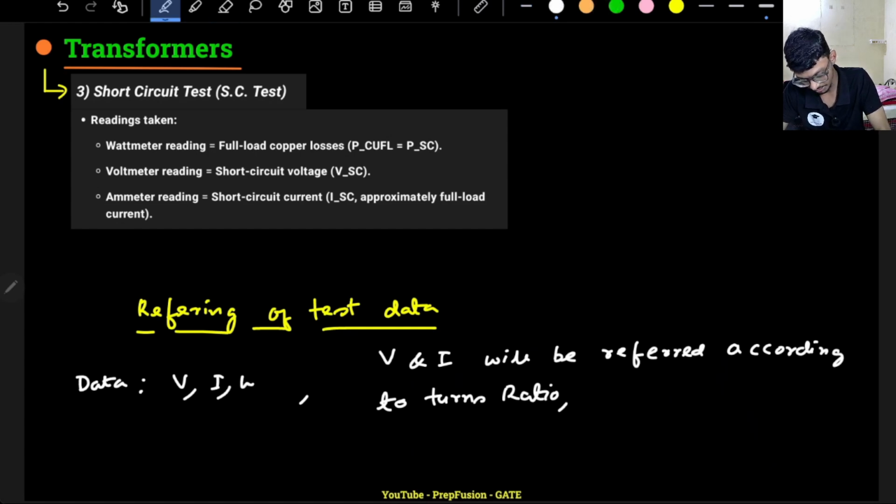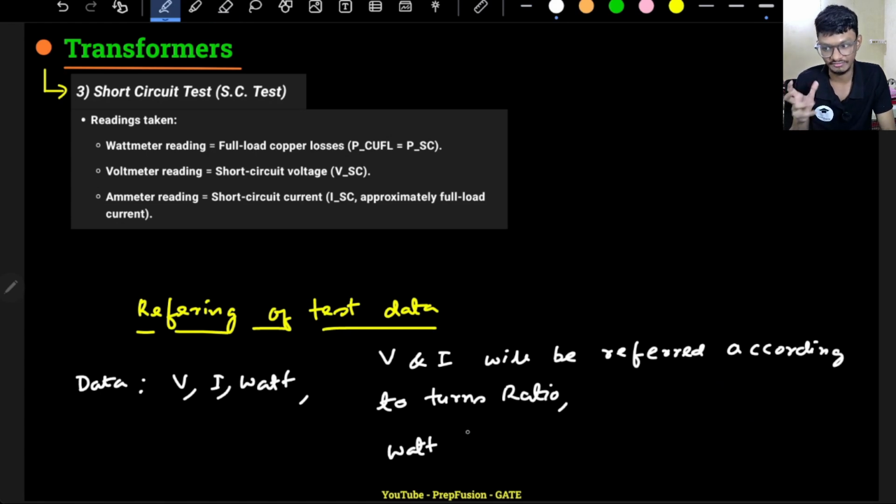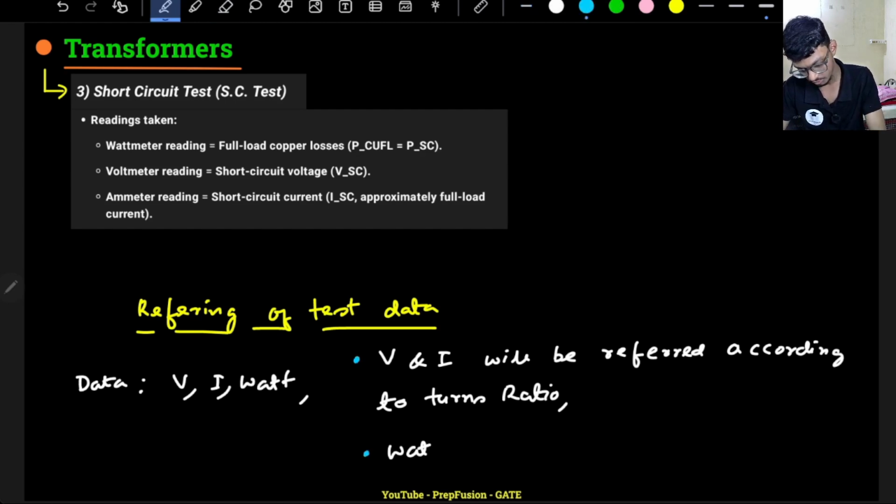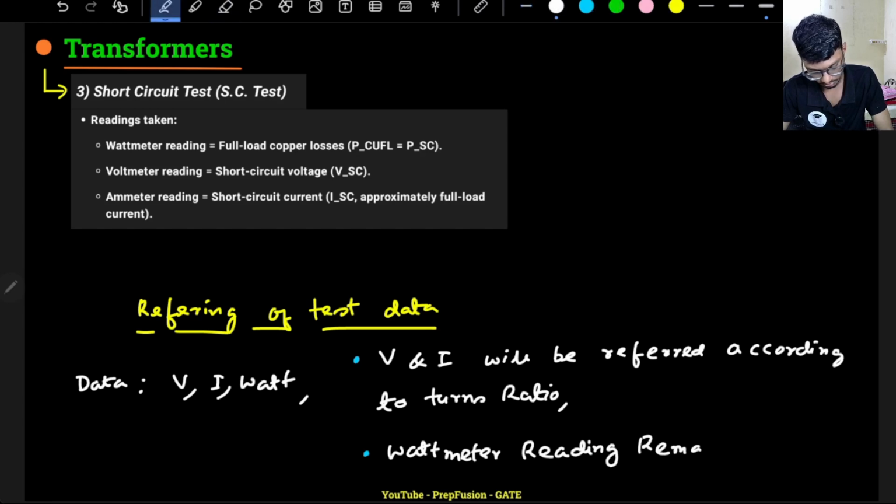The wattmeter reading W remains the same because power does not get referred; it is constant throughout the primary and secondary. So point 1 is power, and point 2 is that the wattmeter reading remains the same on both sides.